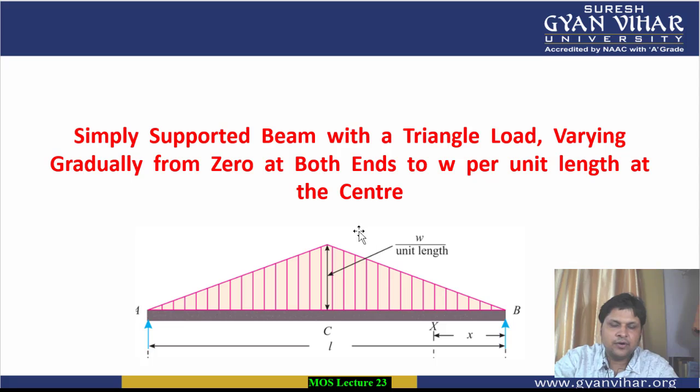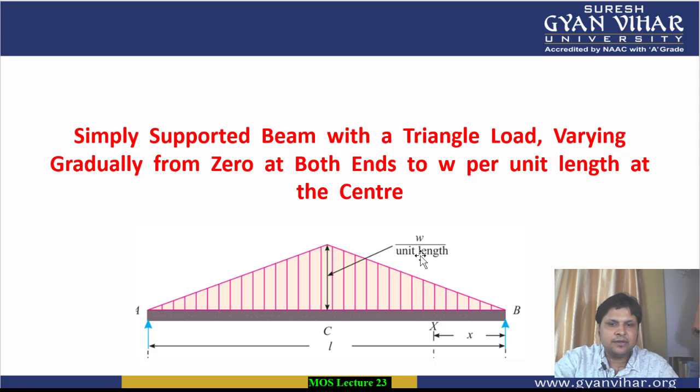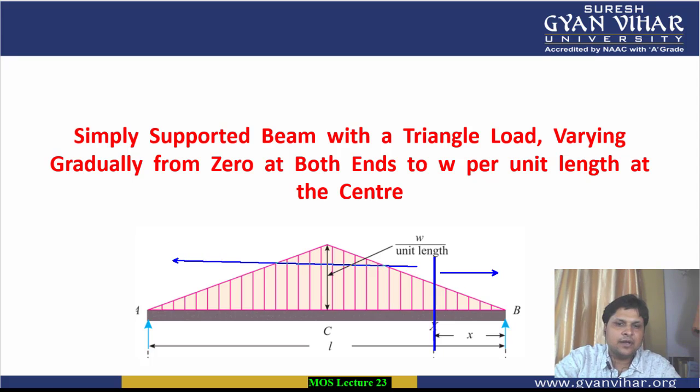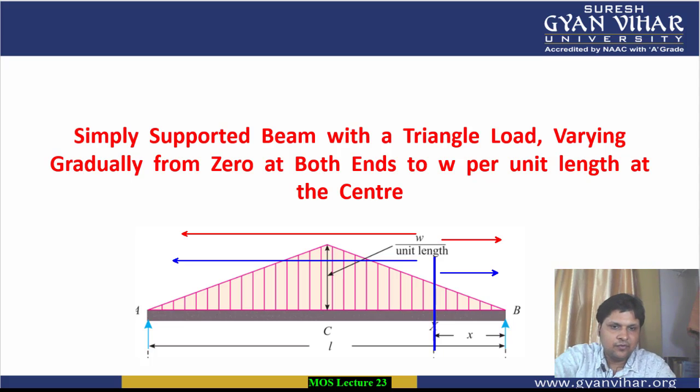So in the same manner as we solved the previous questions, here also we will do the same thing. We are going to take a section and then calculate the unbalanced force to the left or right of the section for calculating the shear force. For the calculation of bending moment, we are going to calculate the unbalanced bending moment to the left and to the right of the section. I hope you have understood the approach we are going to follow.